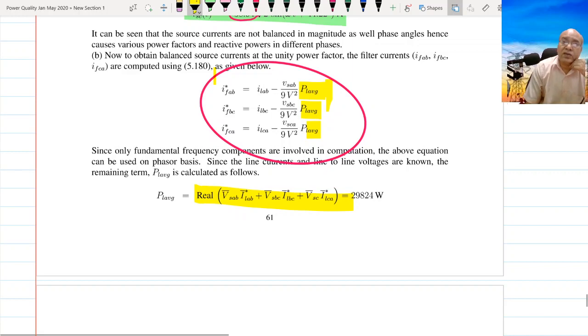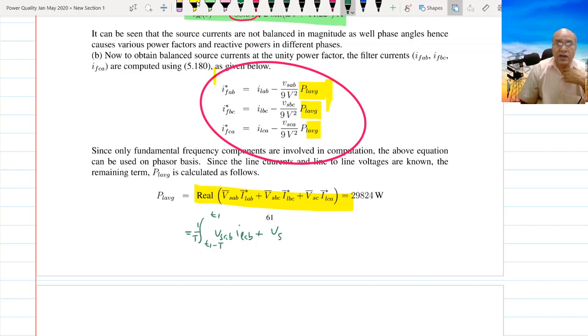In the real-time domain, you can find it by averaging over a cycle, 1 by T, let us say from T1 minus T to T1. So one cycle of data is here, and this is VSAB into ILAB. You can find it that way. Okay? This is the real-time technique. Because we are solving analytically, we can use the phasors here, for the time being.